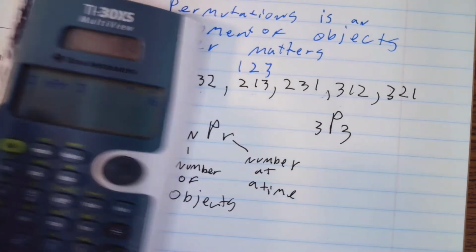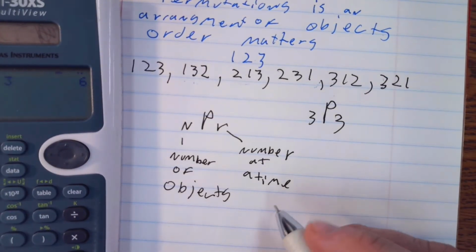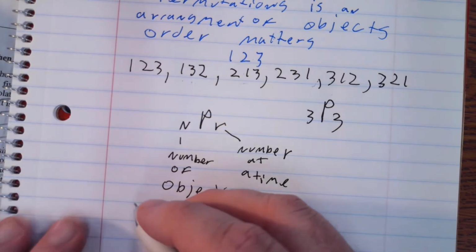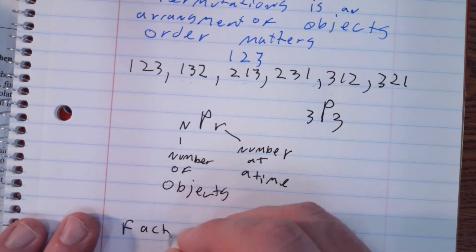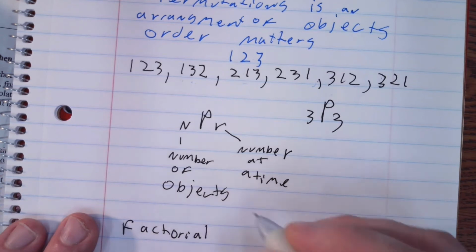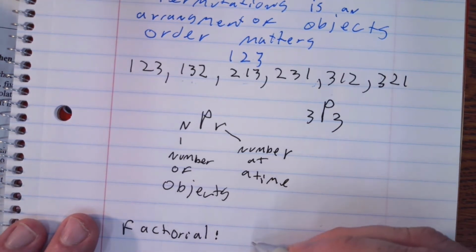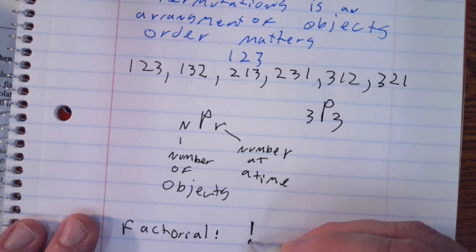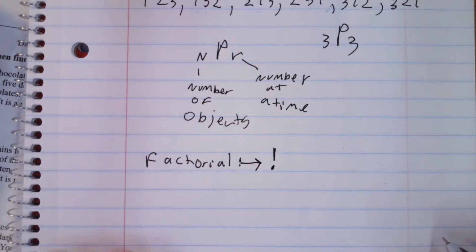Okay. Can you work this out by hand? Yes. And so we're going to learn one more thing that you might not know, and it is factorial. These are some of the things that you need to know about factorial. So this symbol right here is the factorial symbol. And this is what it means.